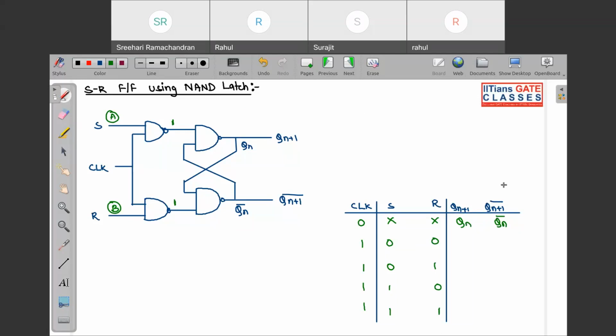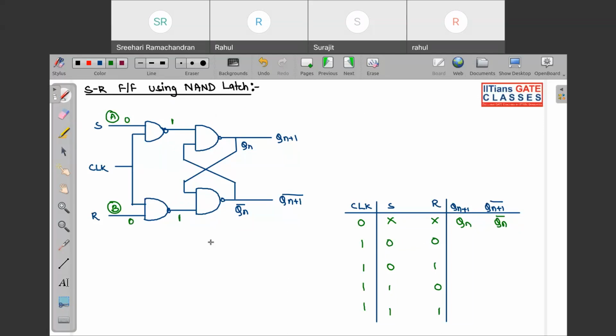Now if clock is 1 but S is 0 and R is 0, so what will happen? See, if you apply 0 0, so this will be again 1, this will be again 1.